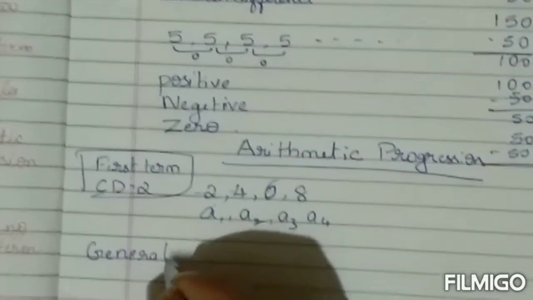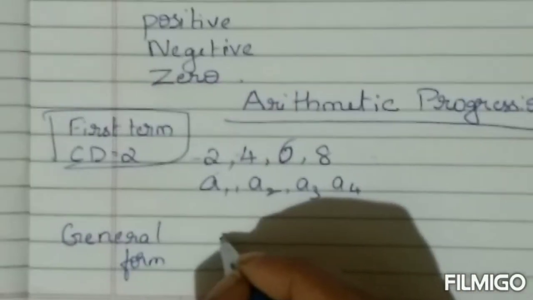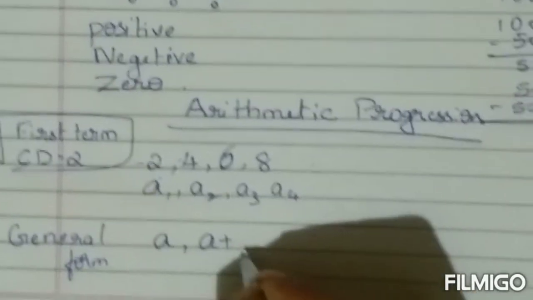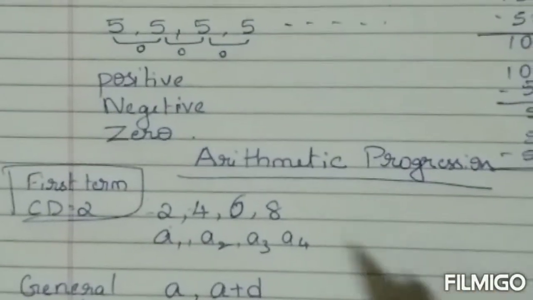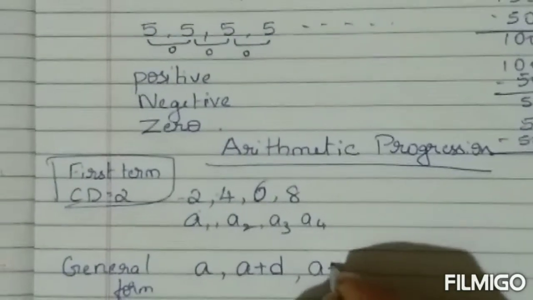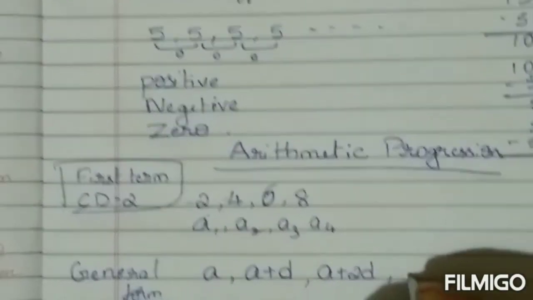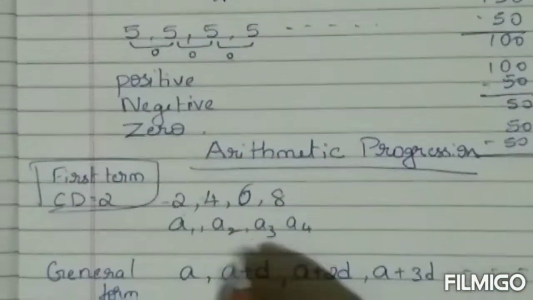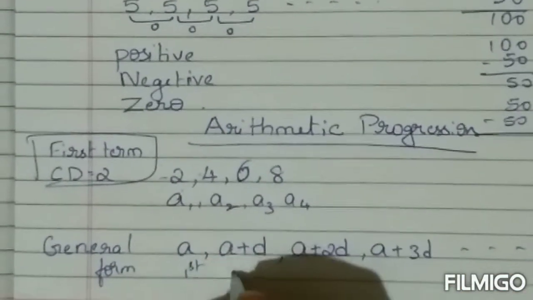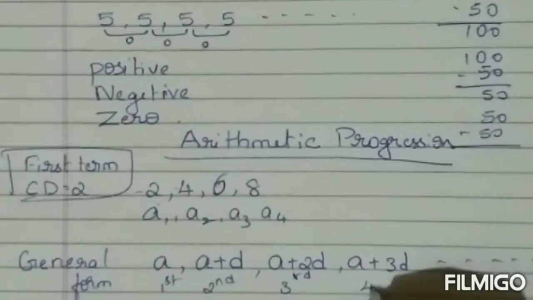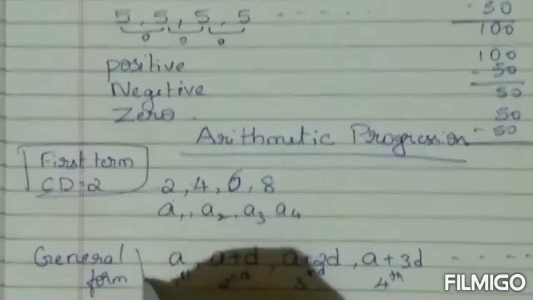See, the first term will be A. Second term is A plus D, common difference. Third term A plus 2D. Fourth term A plus 3D. It will go on. First term, second term, third term, fourth term. This is the general form.